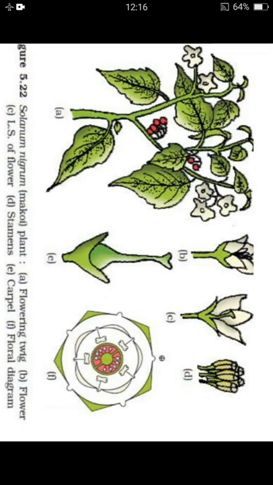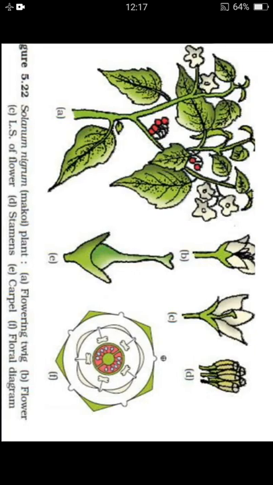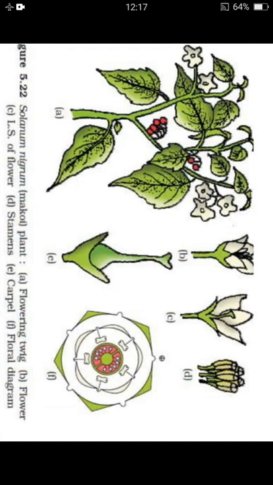Next, I would like to tell you floral characteristics. Inflorescence, first of all. Inflorescence is solitary, axillary, or even cymose, as in Solanum. So here inflorescence is generally cymose inflorescence. In previous class, we had a discussion.